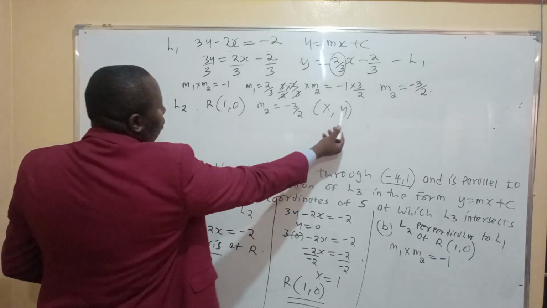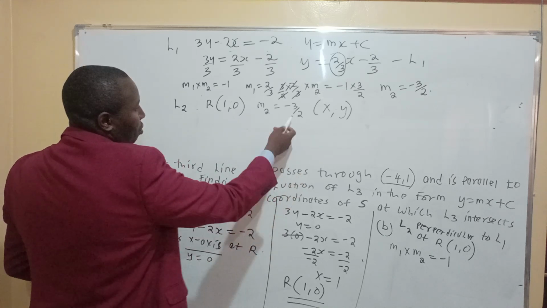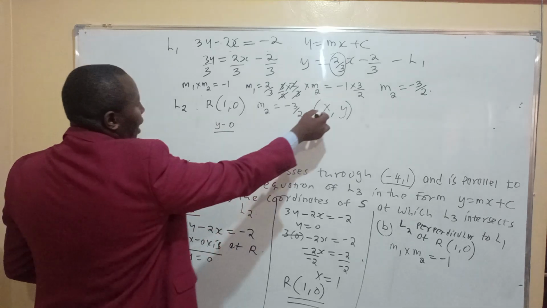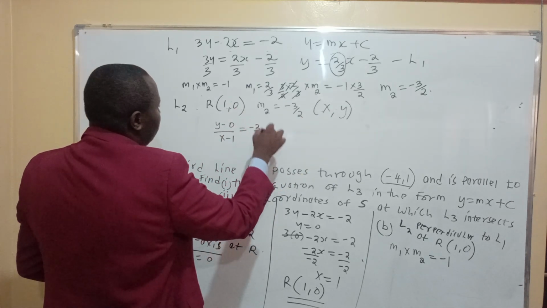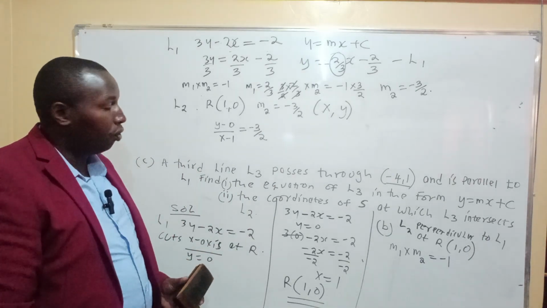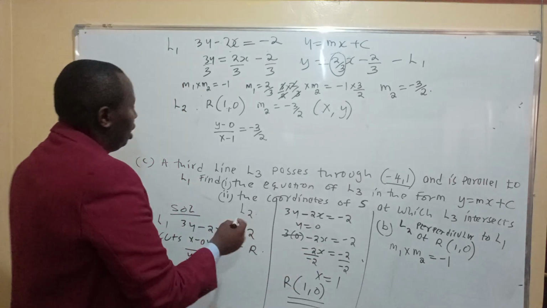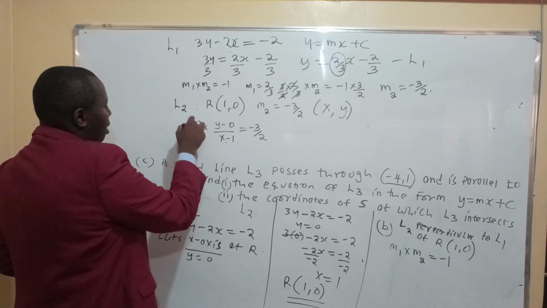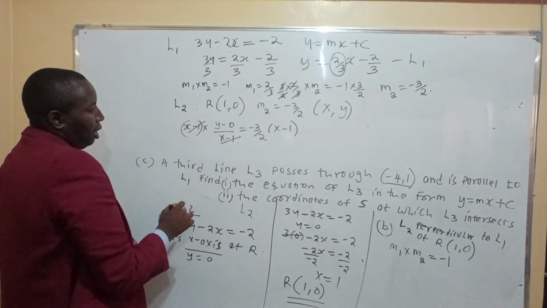To find the equation, change in y over change in x equals the gradient. So y minus 0 all over x minus 1 is equal to -3 over 2. To get the form y equals mx, multiply both sides by x minus 1 to remove the denominator.